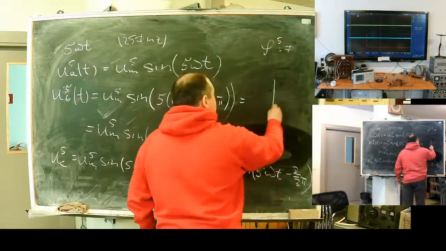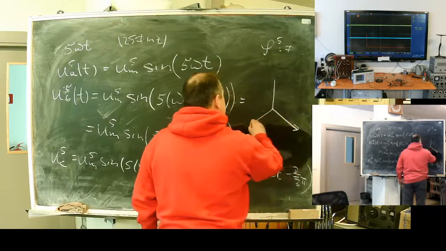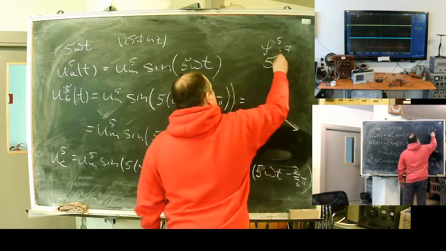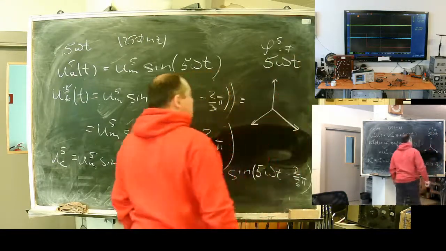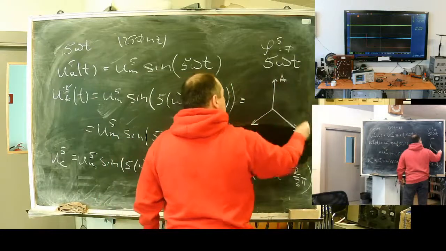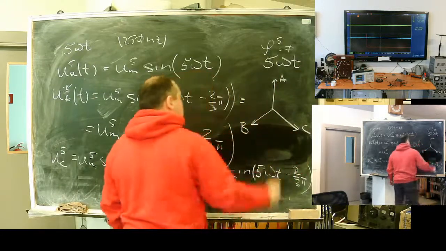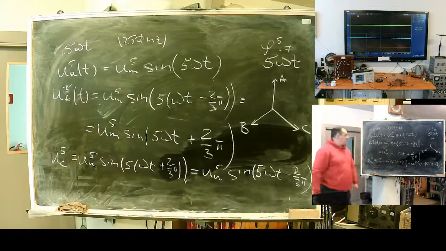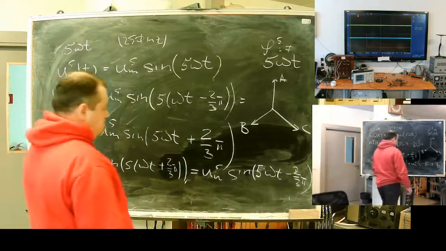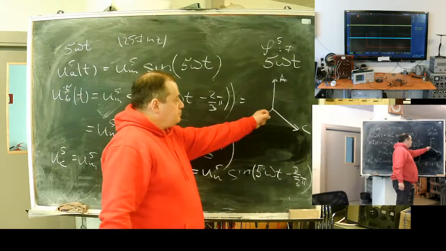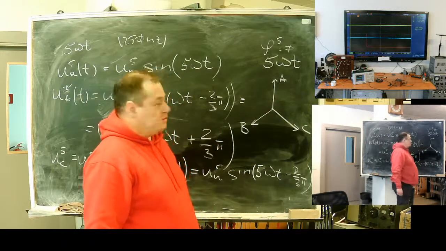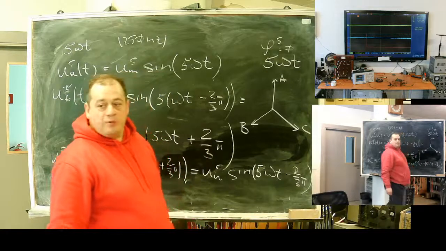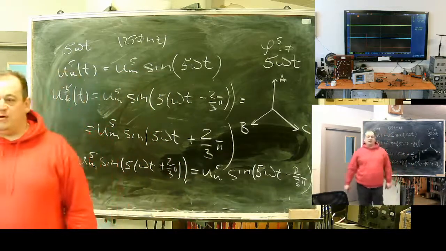For 5 omega, we have an A, C, B system, a symmetrical three-phase system, but with the opposite phase sequence.